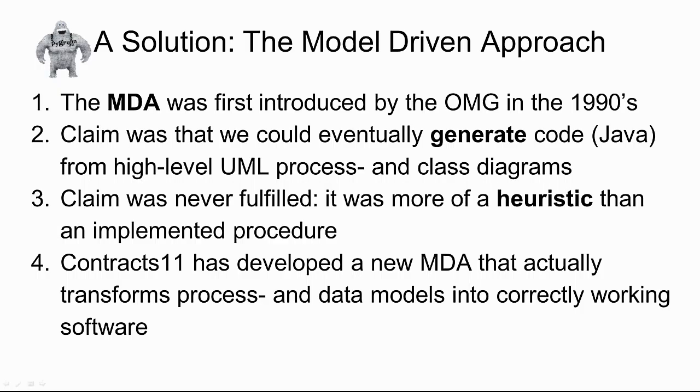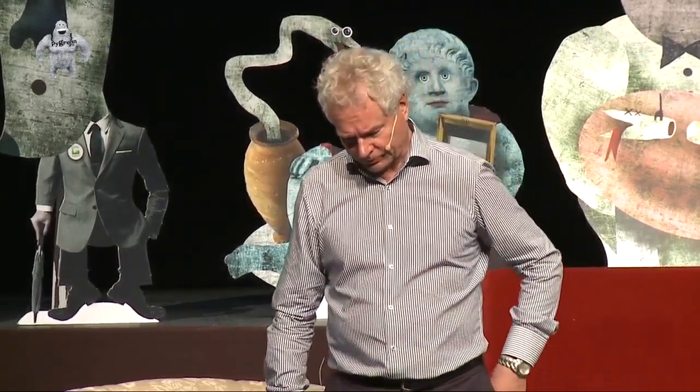Well, the claim was never fulfilled. It was more of a heuristic than an implemented procedure. And what we're trying to do is revisit this idea, which is a nice idea of the model-driven approach, and see how we can actually compile code from high-level models.